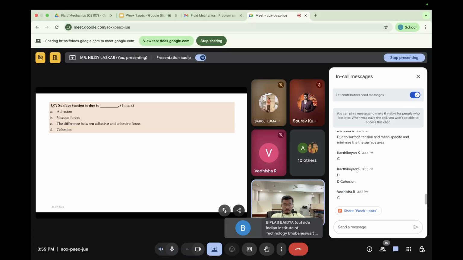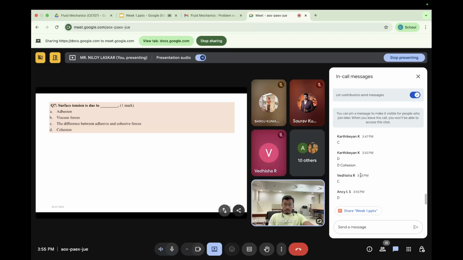So please try. Risha says C, the difference between adhesive and cohesive force. And MC said D, cohesion. So there is a confusion between option C and D, right?